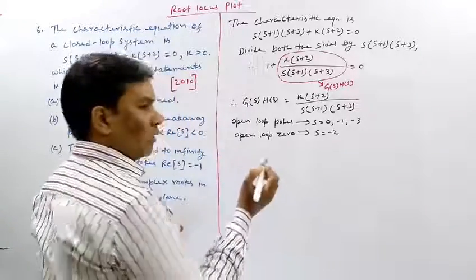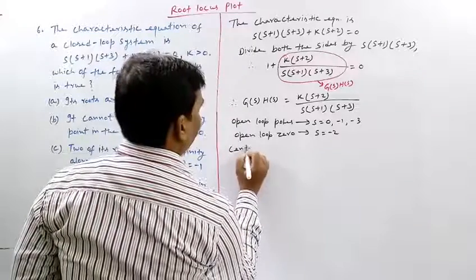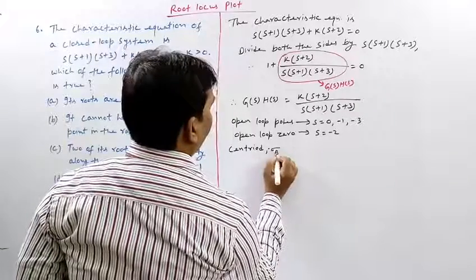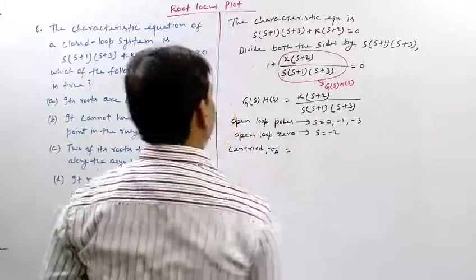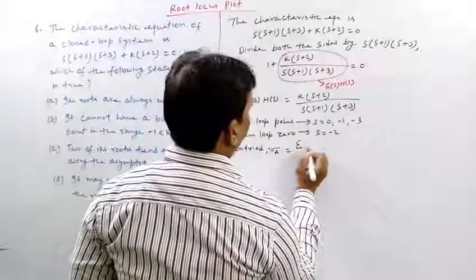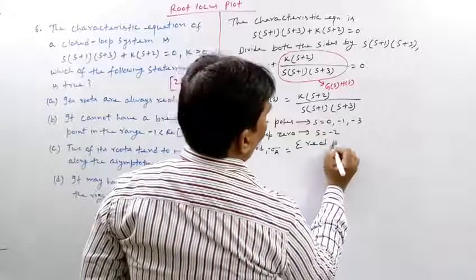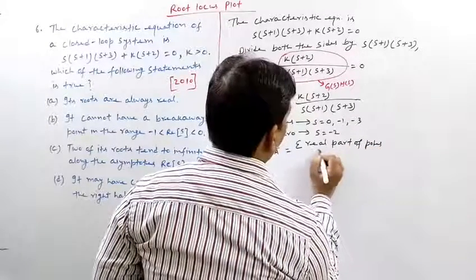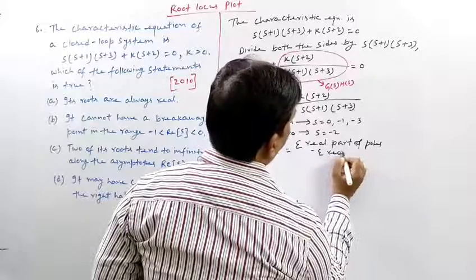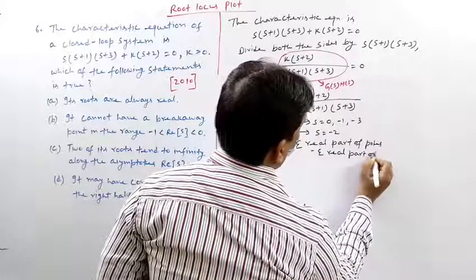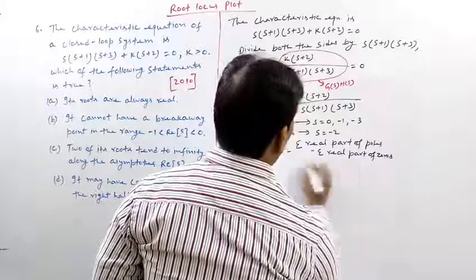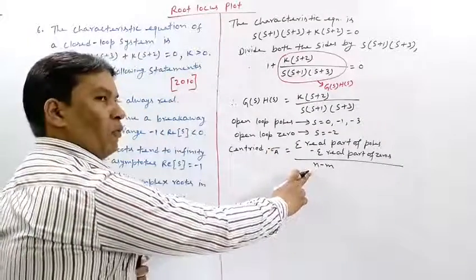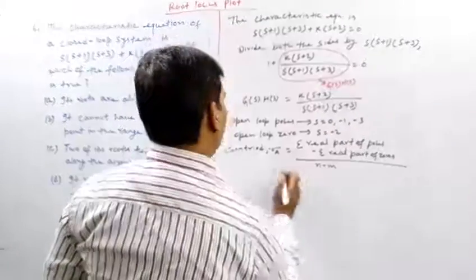So let us calculate the centroid, sigma a, that will be nothing but sigma real part of poles minus sigma real part of zeros divided by n minus m, where n is the number of open loop poles and m is the number of open loop zeros.